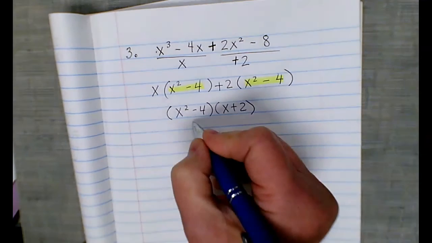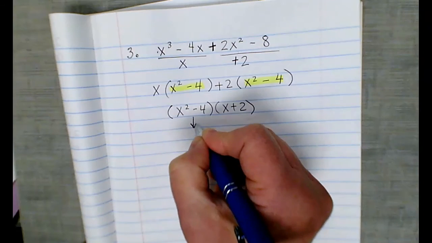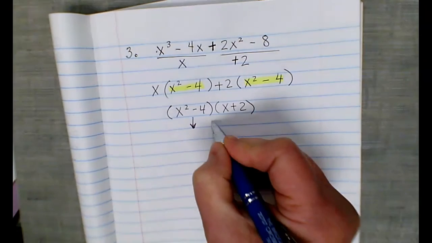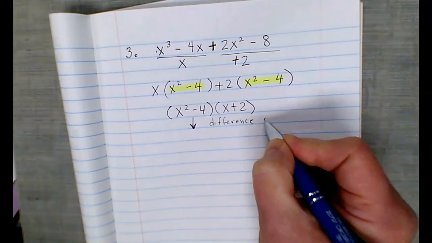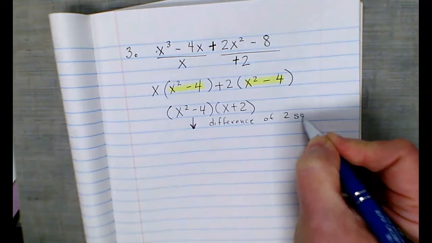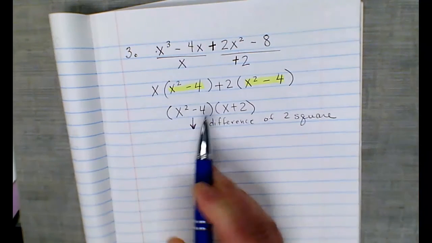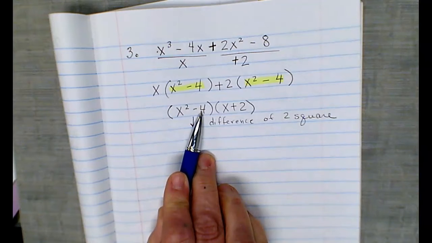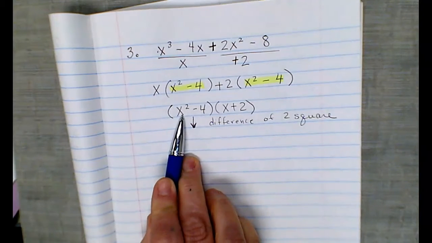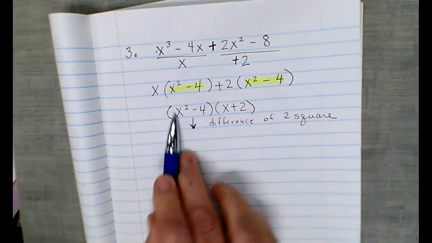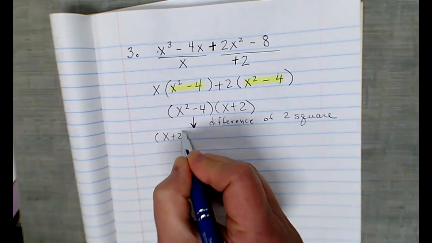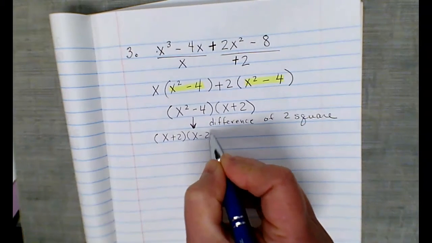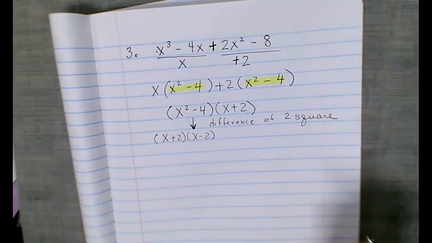Not quite, because do you recognize this one as the difference of two squares? Is this a perfect square? Is this a perfect square? So this one right here factors into the plus minus pattern.